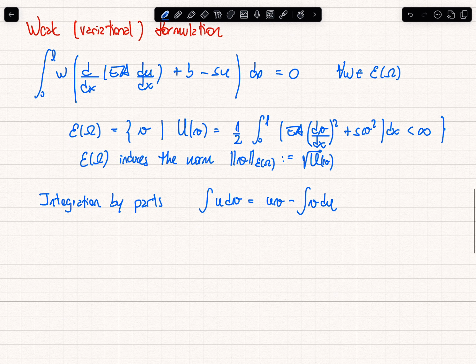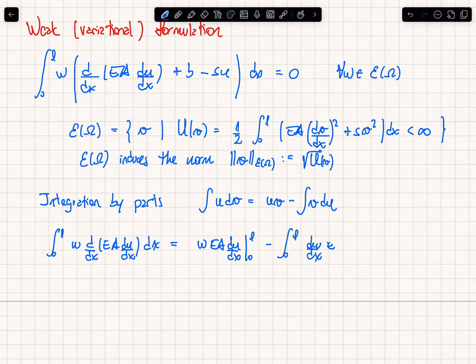So if I do now integration by parts on that term, the integral of w d/dx (EA du/dx) dx is going to be equal to w multiplied by EA du/dx evaluated at 0 and L, minus the integral of dw/dx EA du/dx.